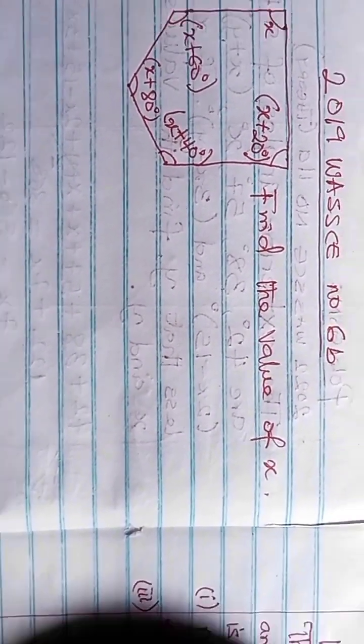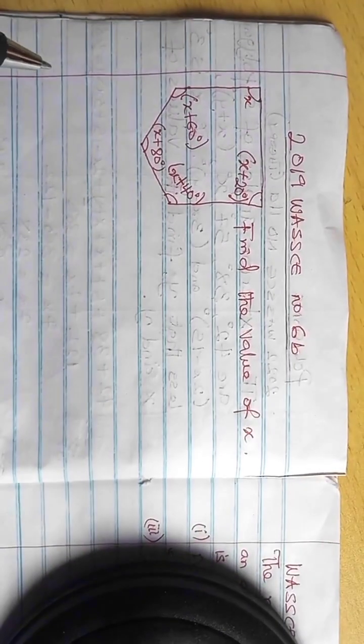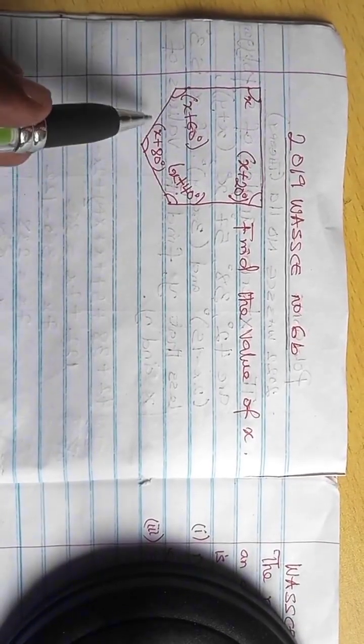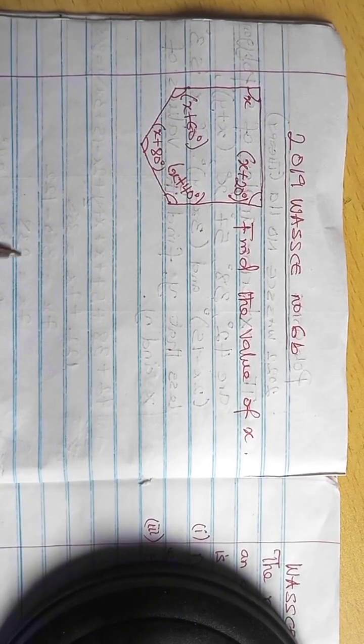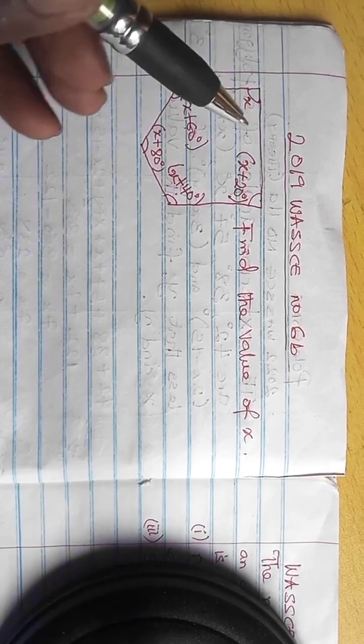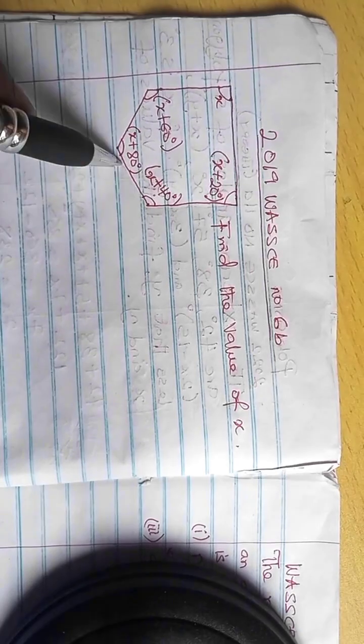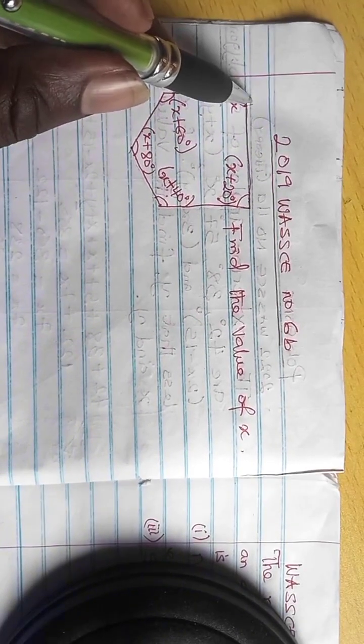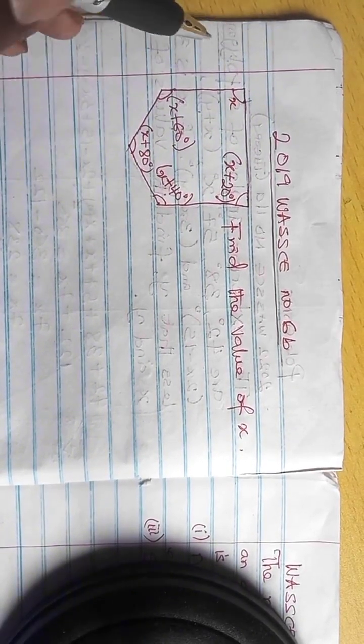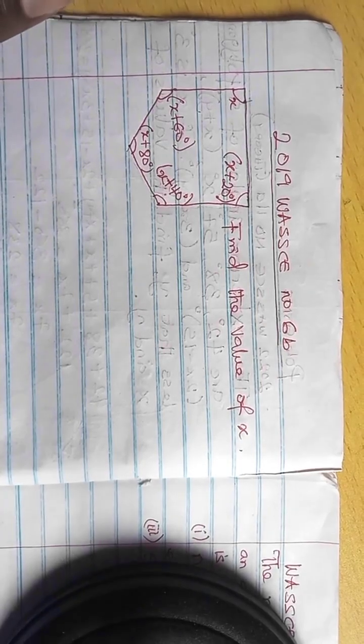If you look at this shape, what type of polygon is this? Let's look at the number of sides. We have 1, 2, 3, 4, 5. Since it's a 5-sided polygon, that means it is a pentagon.